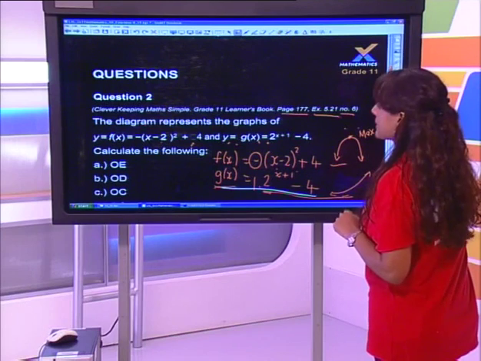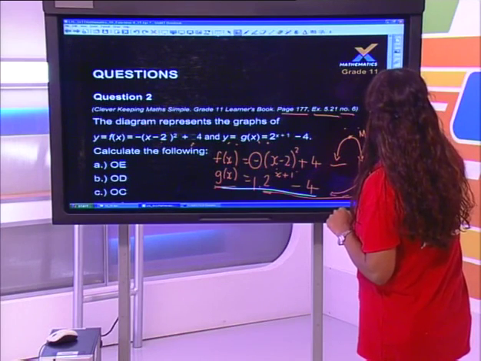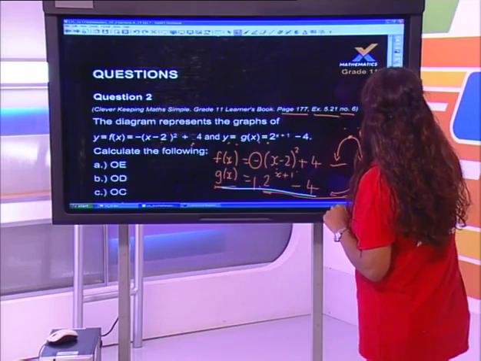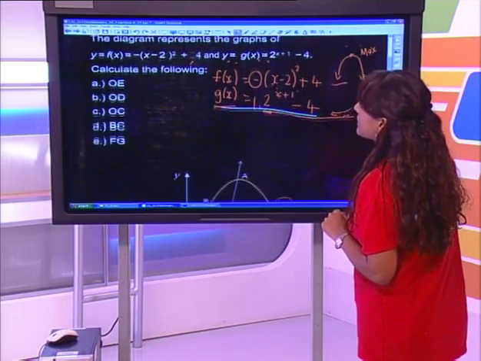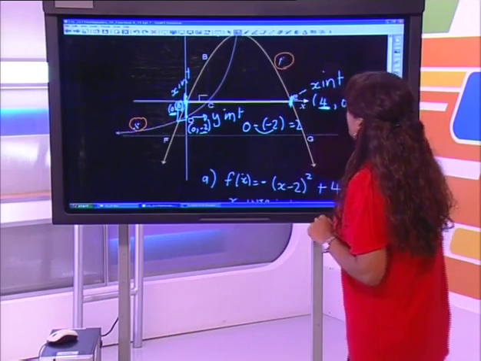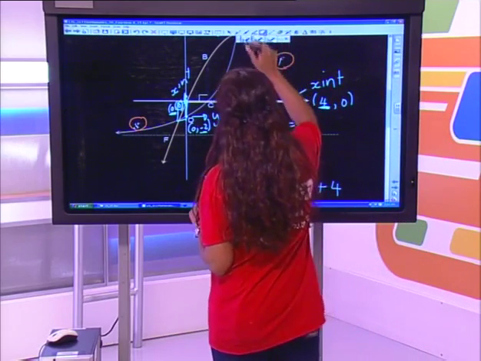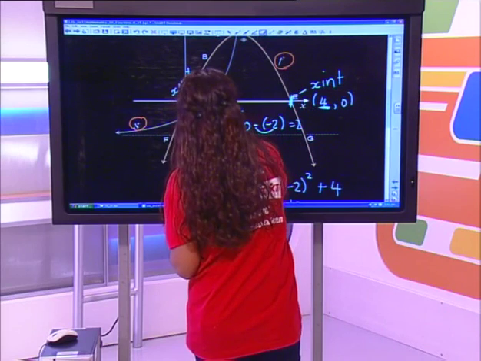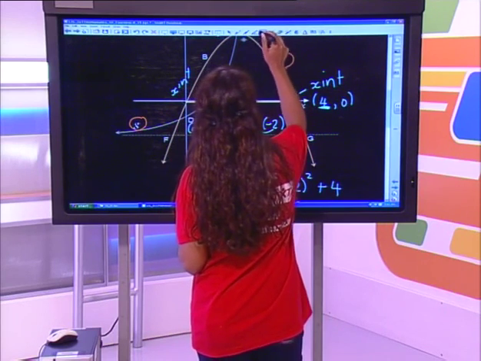We're on to part C. All right, so let's just get that moving. For C, we need to find the length from O to C. I'm just going to erase some of the other things I've done on this graph so we can have a look at OC.